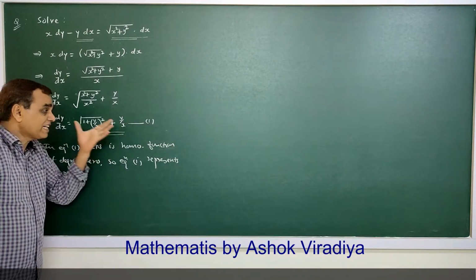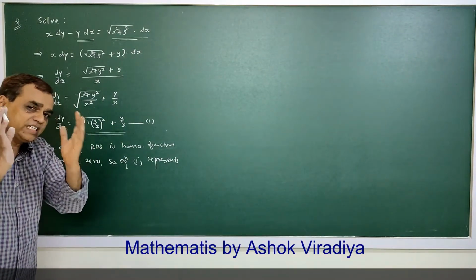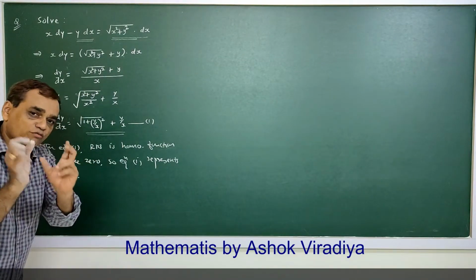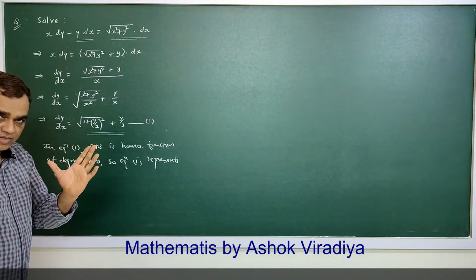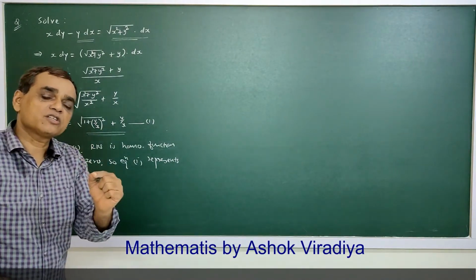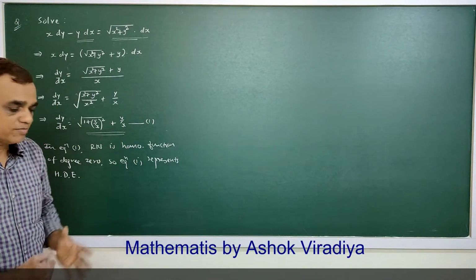Homogeneous function of degree 0, in simple words we can say RHS is only a function of y by x. RHS is a function of y by x, that means homogeneous function of degree 0.